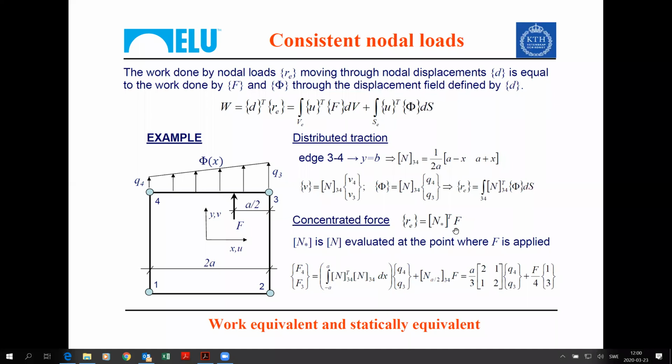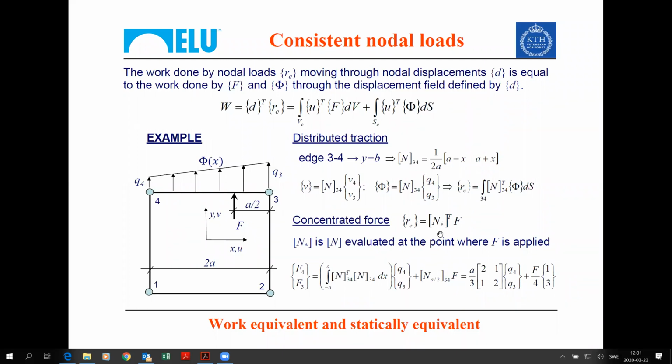If we have a concentrated force instead of a distributed force, then we can simply take the value of the displacement at this point and multiply it with the force, and this will give us the consistent nodal loading.